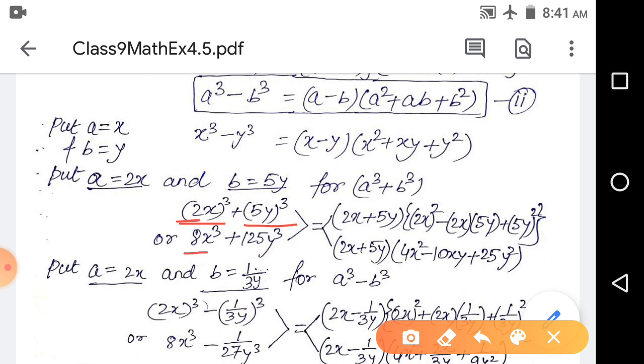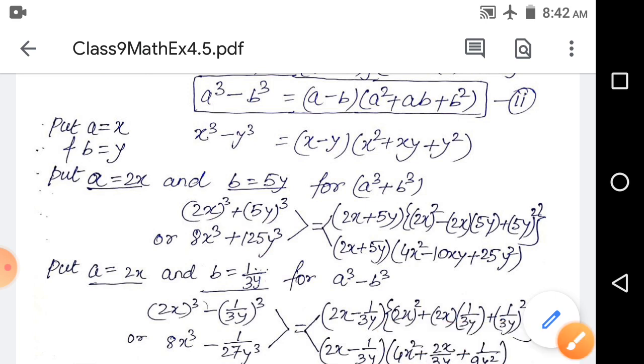So if we break this bracket we will get 8x cube, and for 5 cube it is 125, so we will write here 125y cube. So for a as 2x and b as 5y it is 8x cube plus 125y cube.